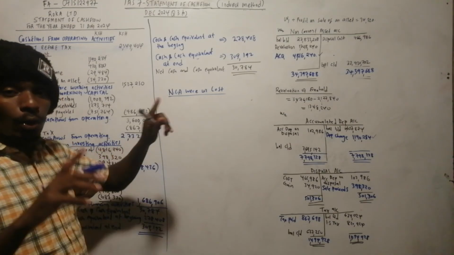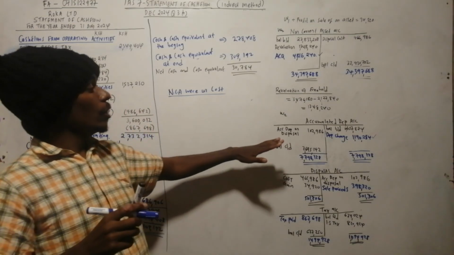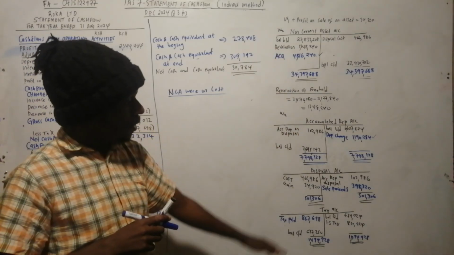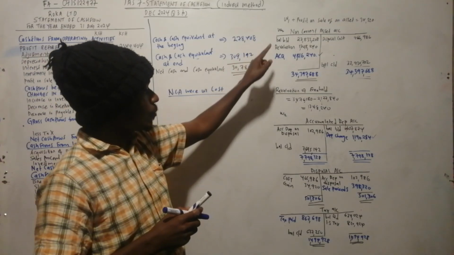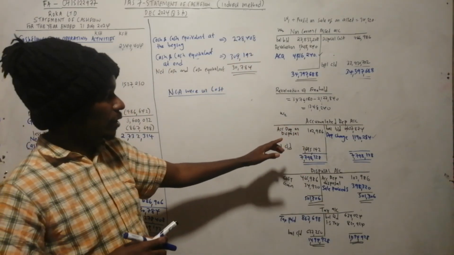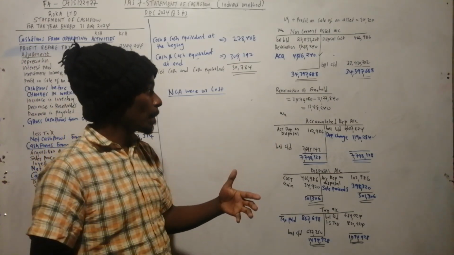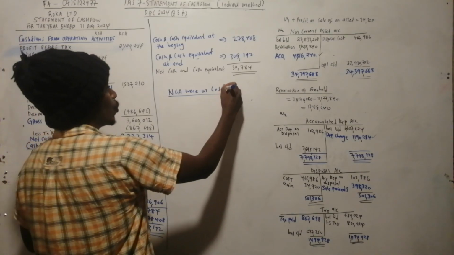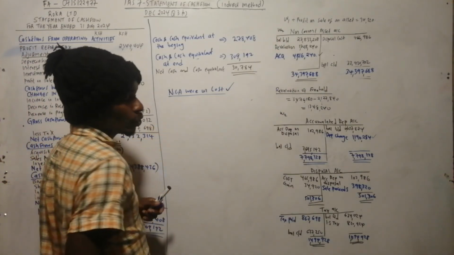When you find the items are on net book value, this formula is not applicable. From non-current assets, from accumulated to disposal, you cannot use it the way it is. There will be some changes. But for cost, this question was on cost, so when we are given cost, this is what you need to use.